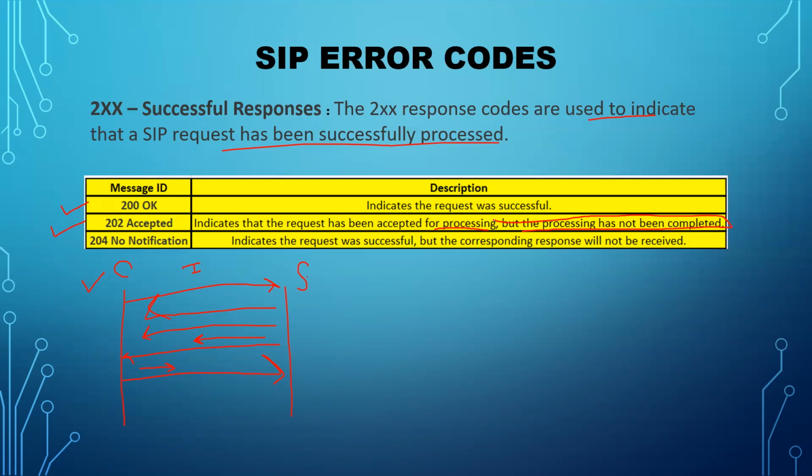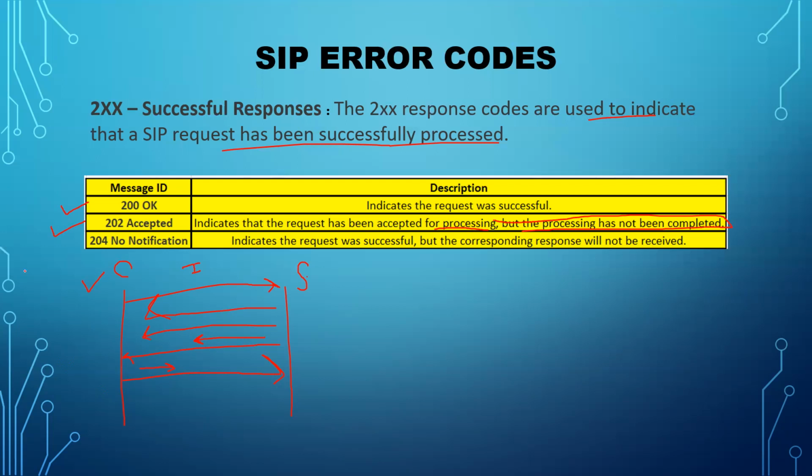It's under processing, but it's not yet completed. So it will send a 202 accepted message to the client just as an indication that your request has been accepted for processing, but it's not yet completed, right?